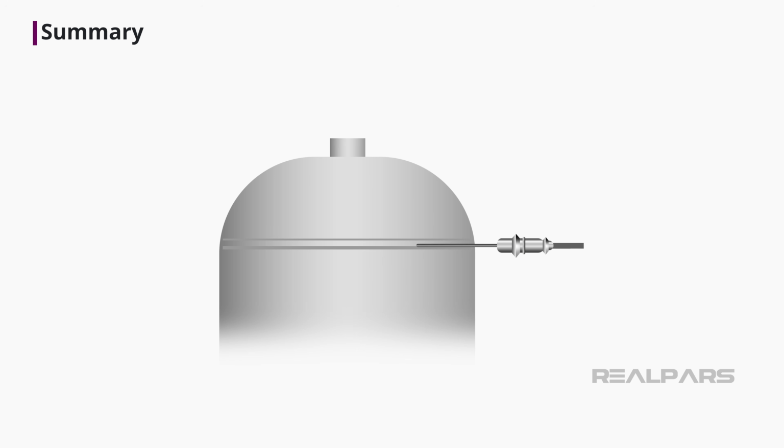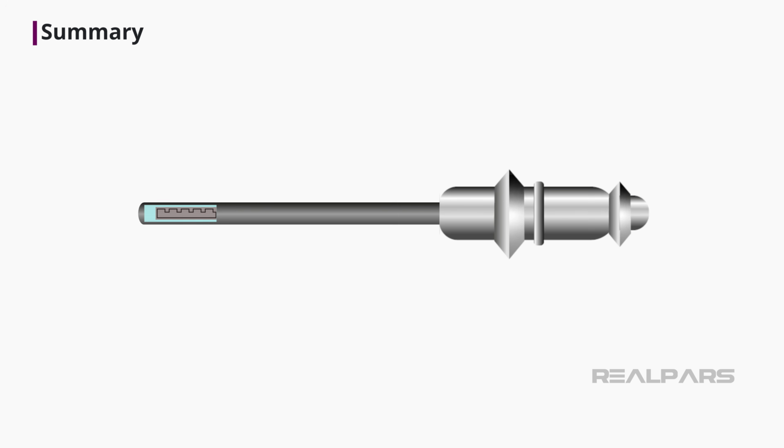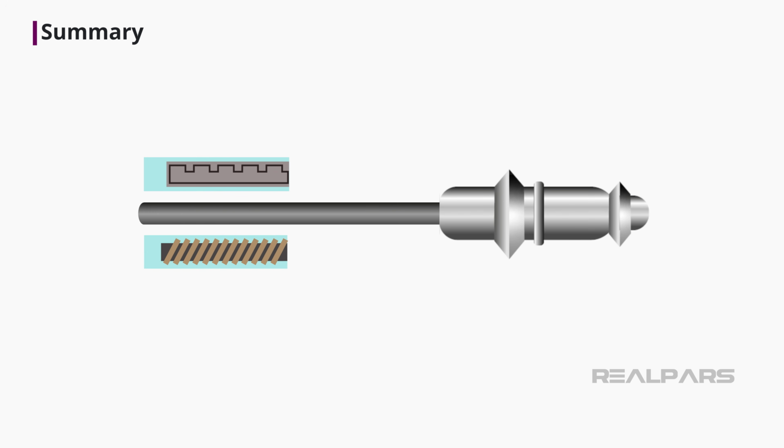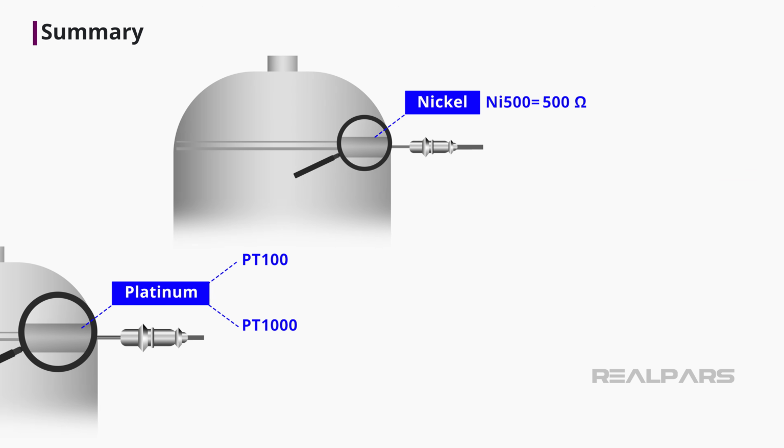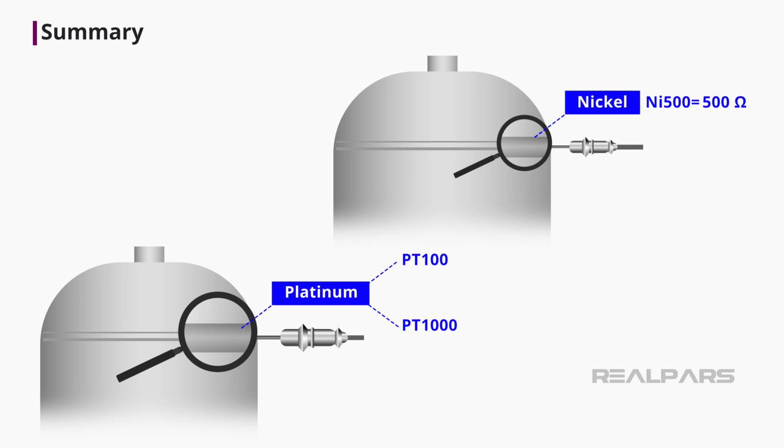Now, let's wrap up what we've learned today. RTDs are devices whose operating principle is based on the variation of the electrical resistance of their conducting elements due to the temperature variation in the environment to which they are submitted. RTDs are sensing instruments that consist of resistive material, which is usually made of platinum, copper, nickel, and others. RTDs work on the principle that each metal has unique composition and resistance to electrical current.